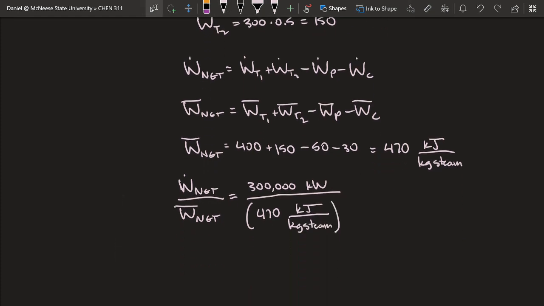Can someone do that math for me? And what you're left with is the mass dot of the steam, in kilograms of steam per second.